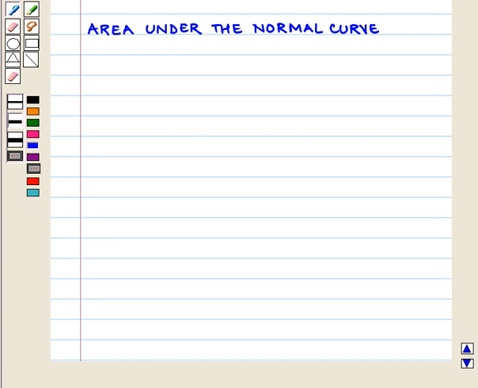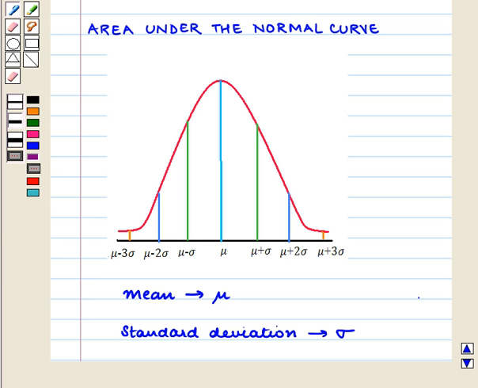Let us now discuss the area under the normal curve. To draw a normal curve, we take the horizontal axis. Now, the points taken on the horizontal axis represent the value that a certain number of standard deviations from the mean.